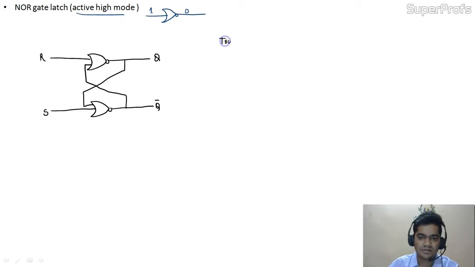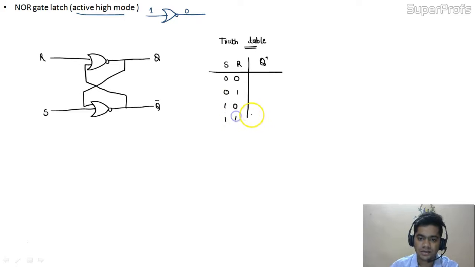The truth table for the NOR gate latch would be just opposite to the NAND gate latch. Why we are saying just opposite? You can see the outputs and you can verify it yourself. Like see, for 0 0, 0 1, 1 0 and 1 1. Okay, so for 0 0 input, we are getting a memory state, but in a NAND gate latch, for 0 0 input, we are getting an invalid state, but in this NOR gate latch, we are getting a memory state.